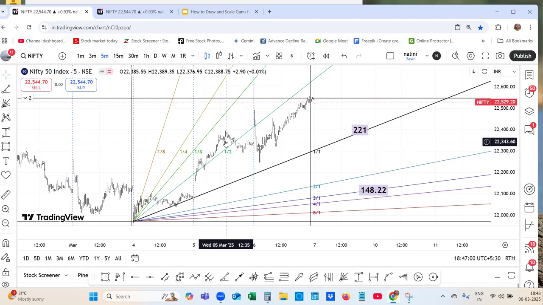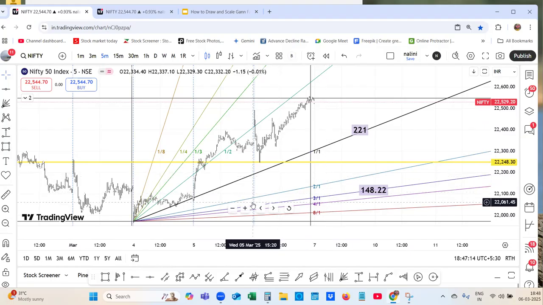It came down, and today it was a gap up. It came down to this angle. It made an intraday low of 22,246. But you can see anything above 45 degrees is positive.